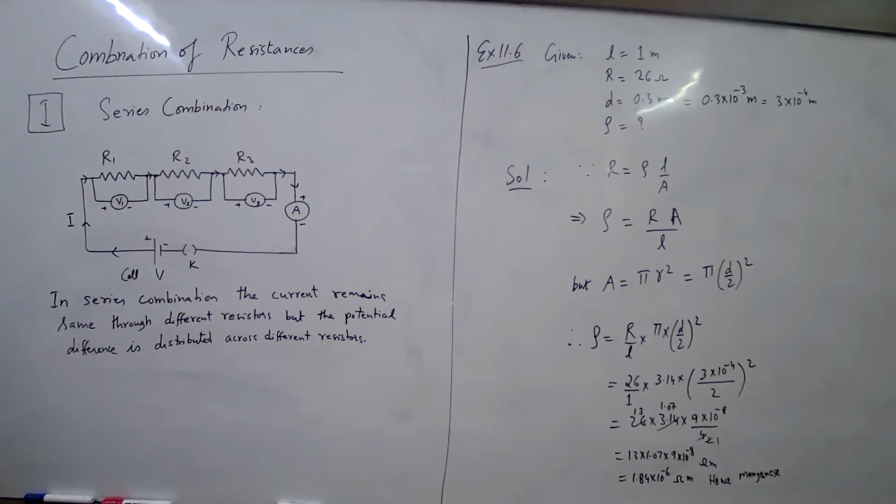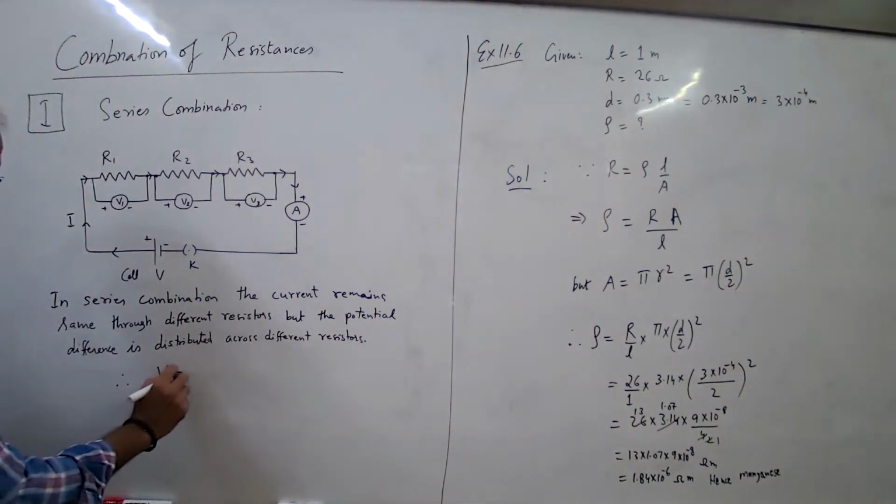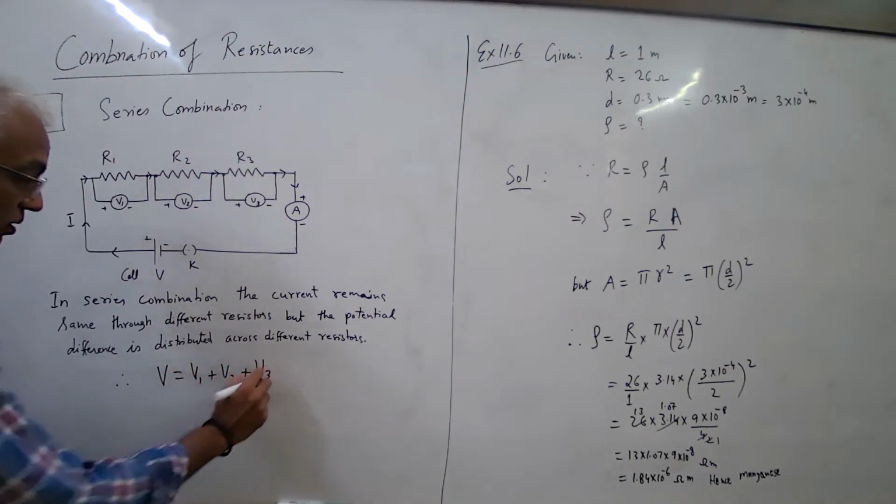But the work done will be different because different opposition is offered by different resistors. So what is V then totally? Therefore V is equal to V1 plus V2 plus V3.